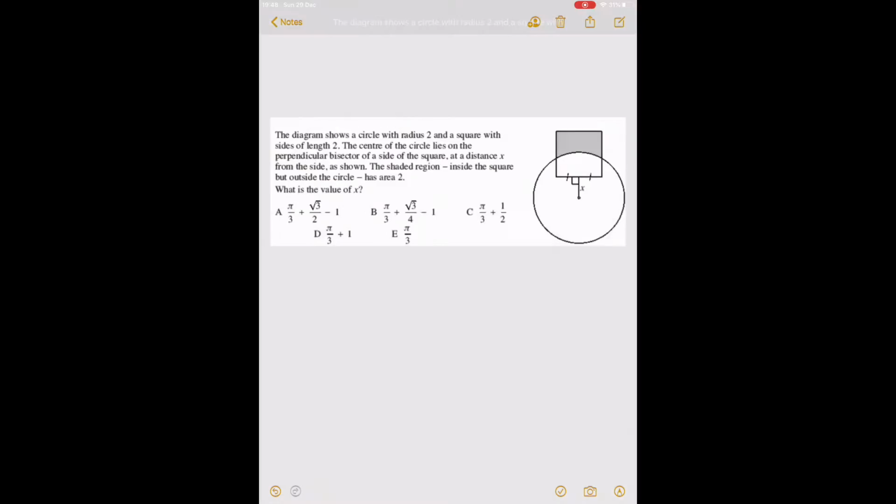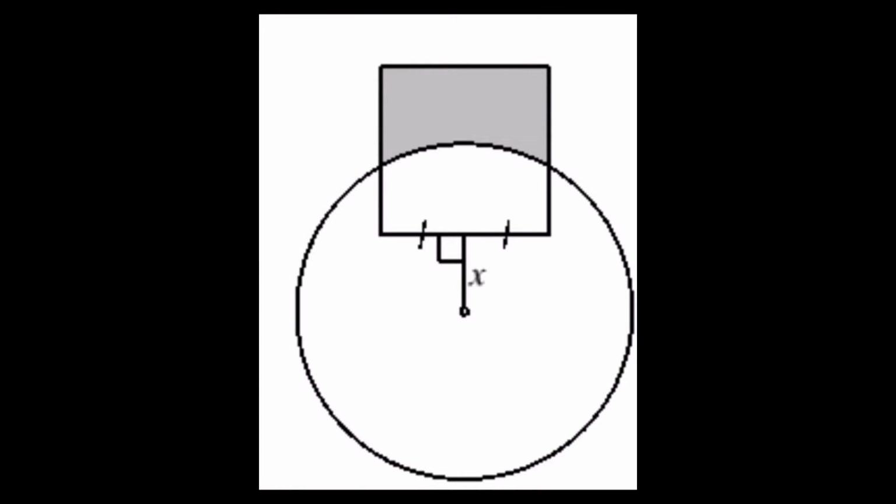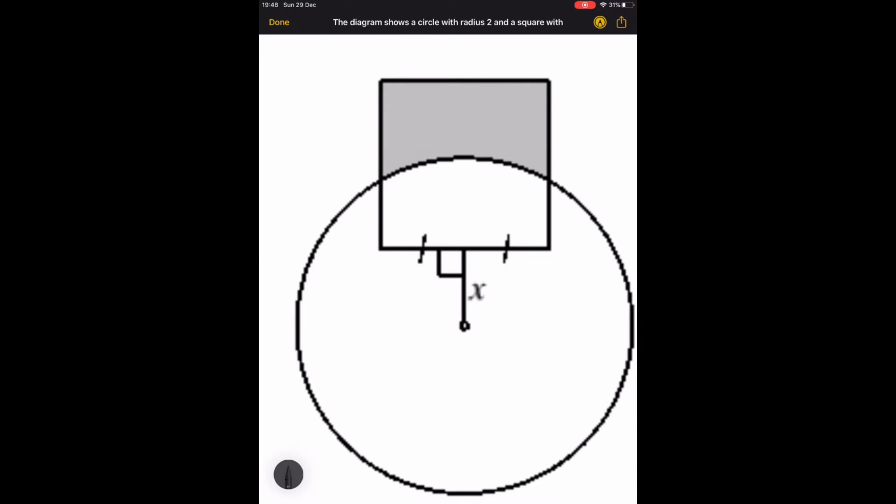So to do this, we want to find the area of the segment which is inside the square but is inside the circle. So this sector here. To find this sector, we need to find the height of it and work out the area using multiple shapes. So one shape we can make is a triangle.